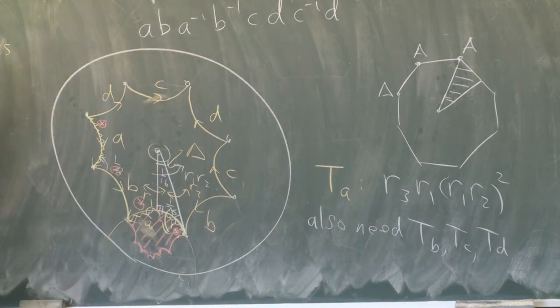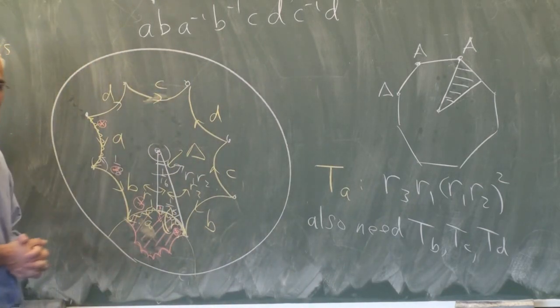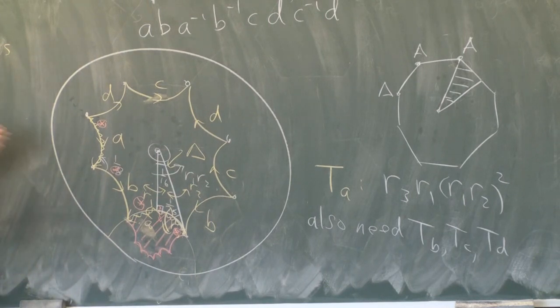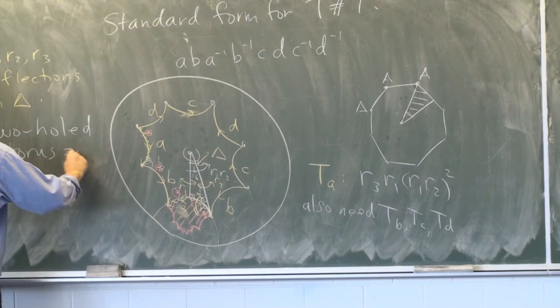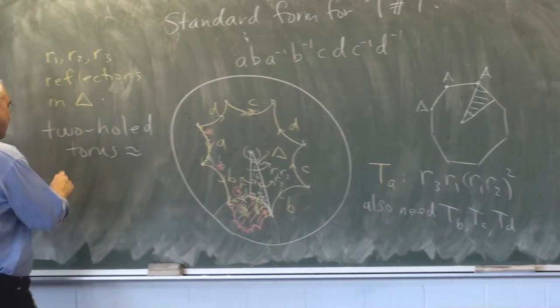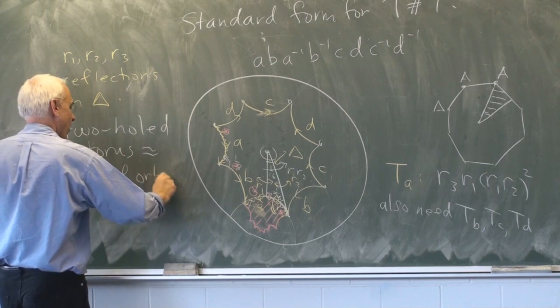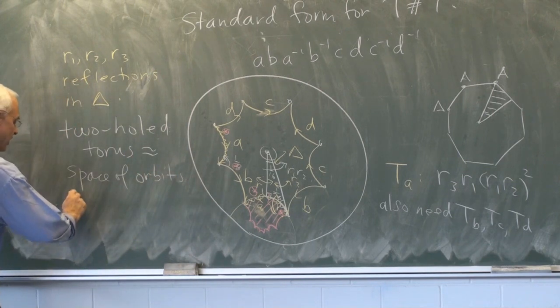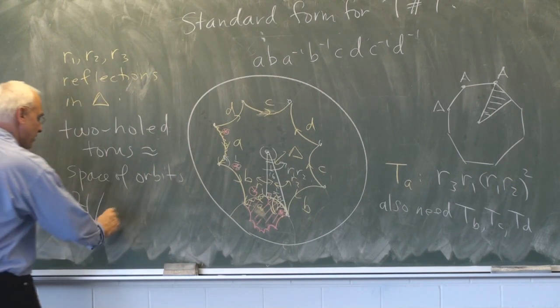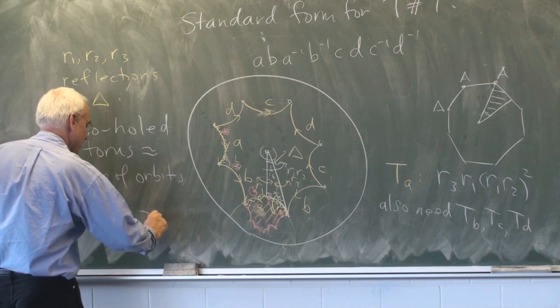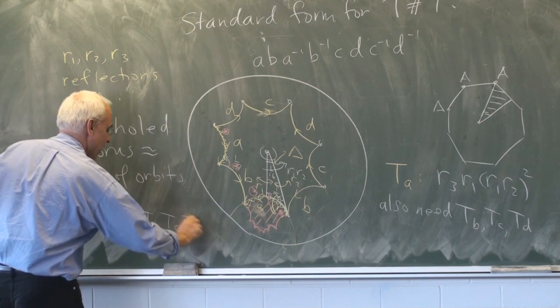So the story is that the two-hole torus then has an incarnation as the space of orbits, H mod the group generated by TA, TB, TC, and TD.